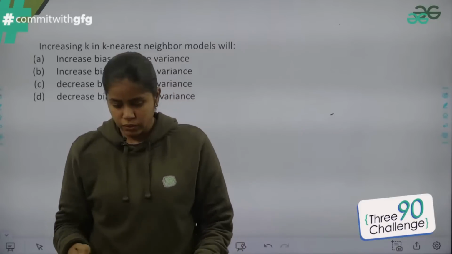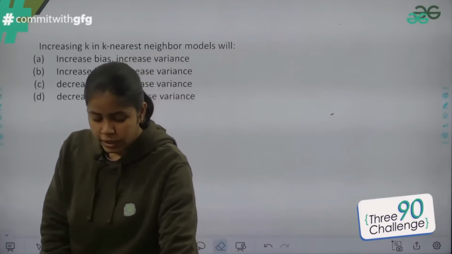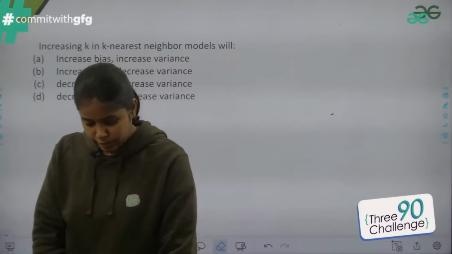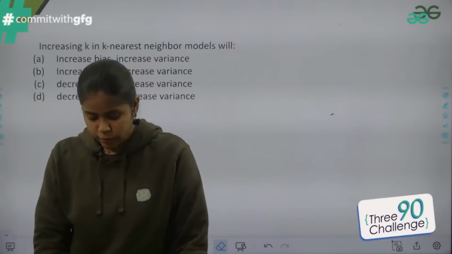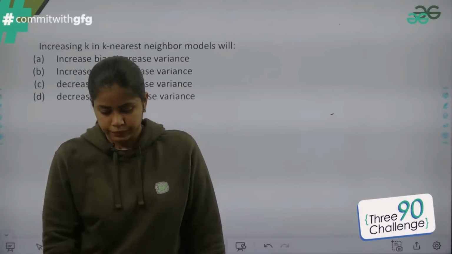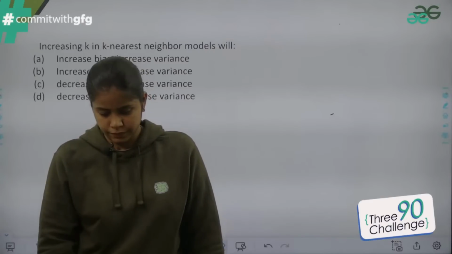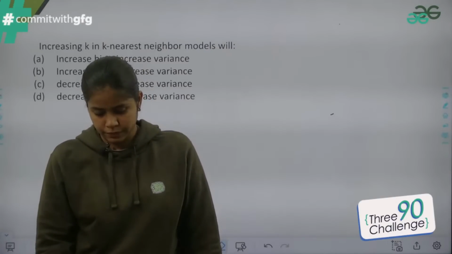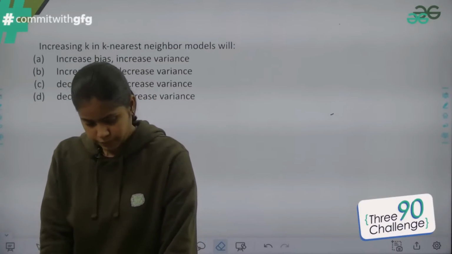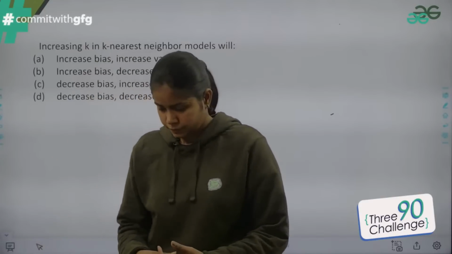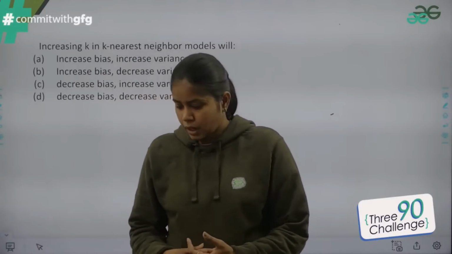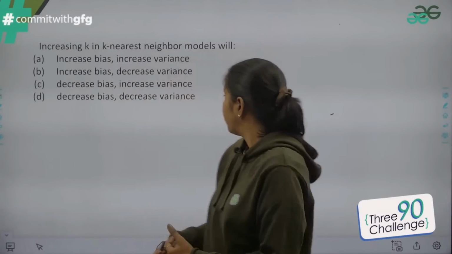Right, so let me know guys, in this question, increasing k in the k nearest neighbors model will be... How to determine minimum and maximum values?